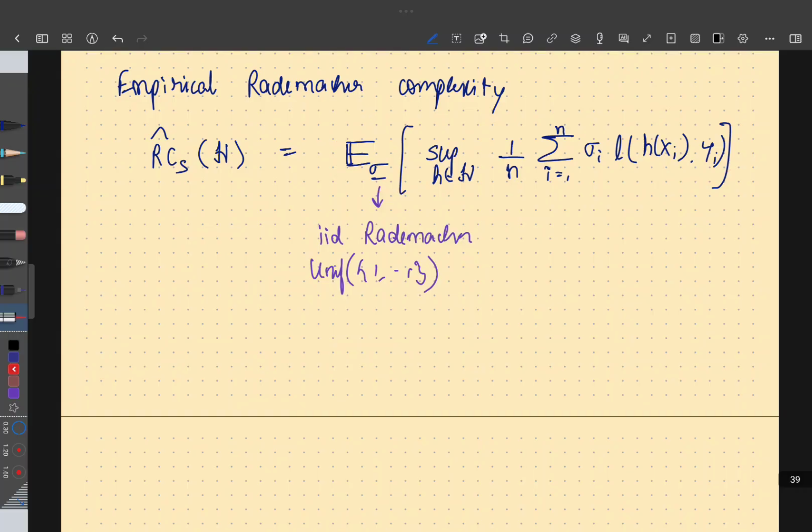If the Rademacher complexity is large, then it means that the worst case correlation between the loss vector and pure random noise is high. That's a very high level interpretation of this quantity. The Rademacher complexity is just the expectation of this with respect to the data set, nothing more.